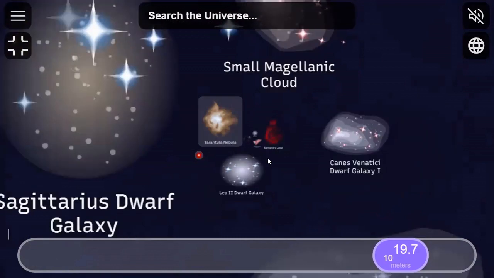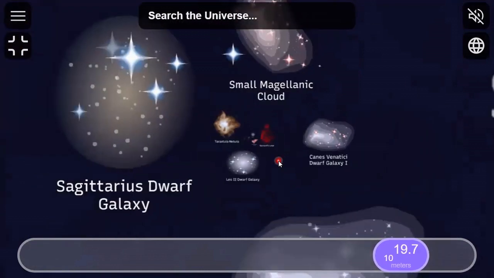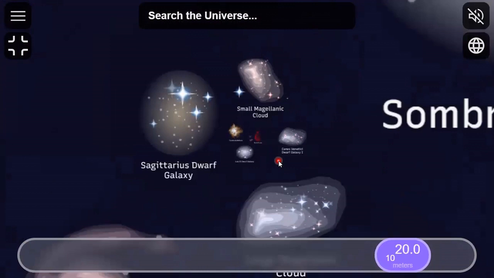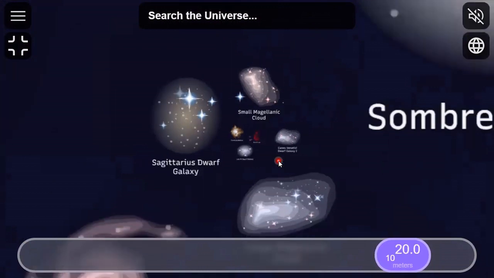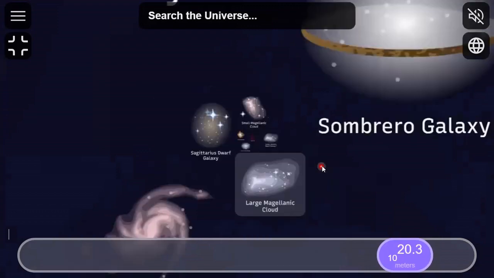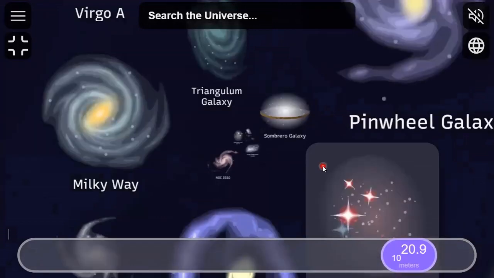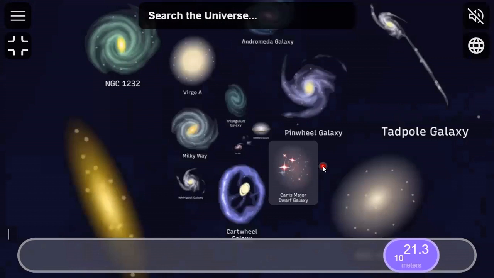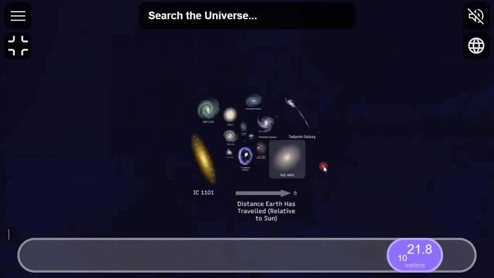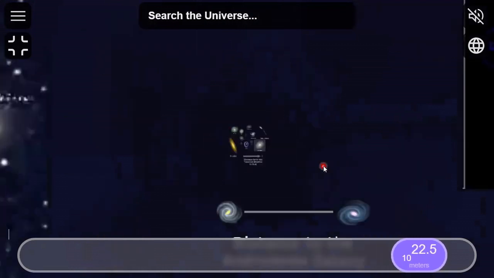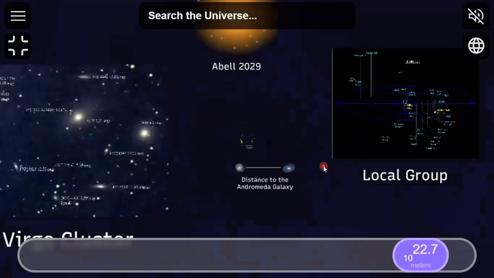Now look at this, we reach about 10 raised to the power 19 meter. Now look at this, up to 20. Wow. The different galaxies look amazing. Local group.